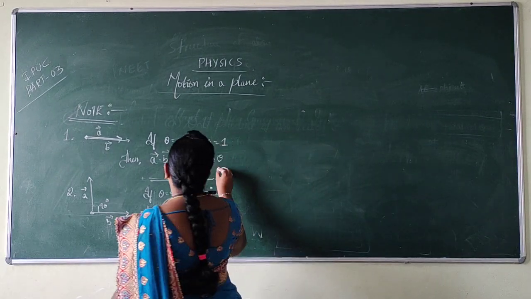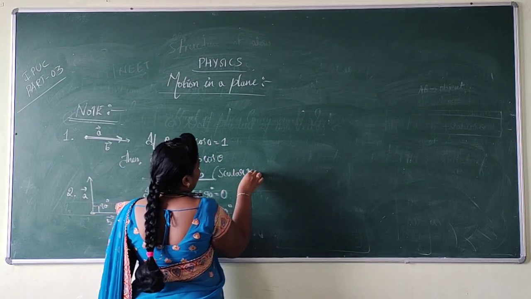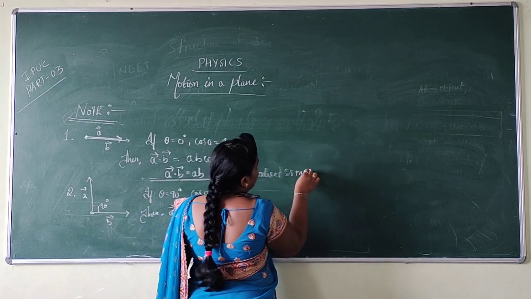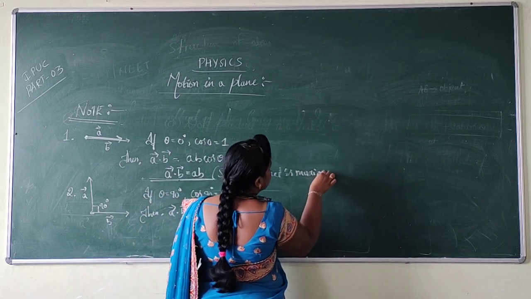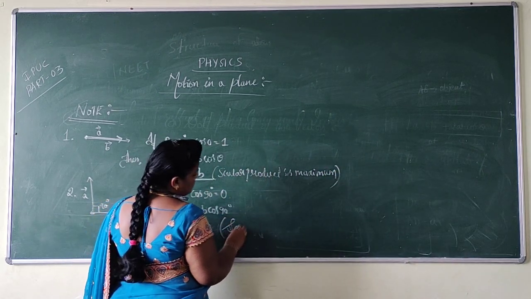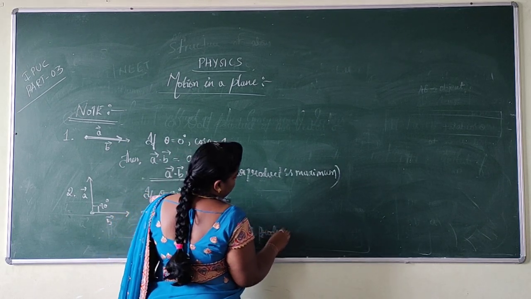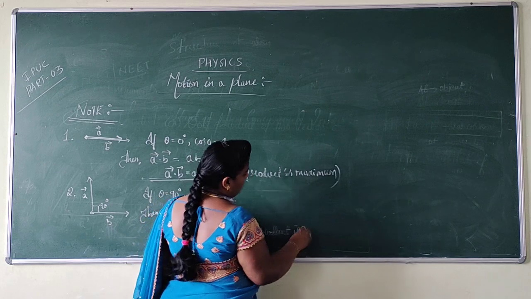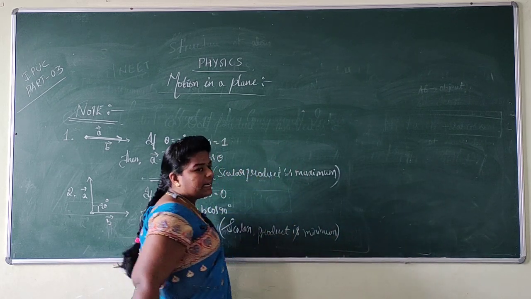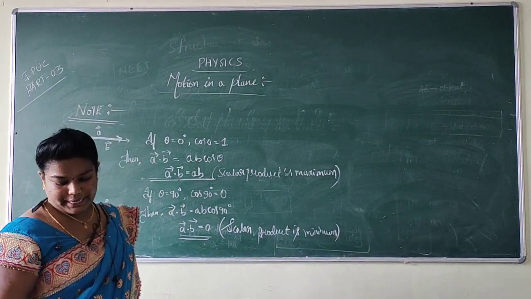So the scalar product is maximum here. The scalar product is maximum when the angle between the two vectors is 0, and the scalar product is minimum when the angle between the two vectors is 90 degrees, or when the two vectors are mutually perpendicular to each other.